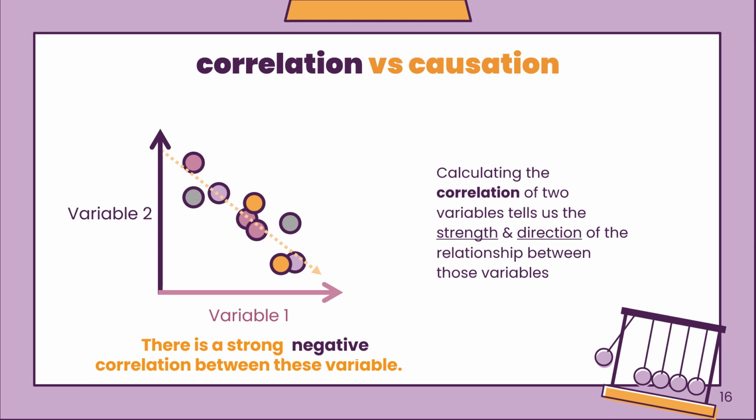There can also be a negative correlation between variables. So that means that as the value of one variable increases, the values of the other variable decrease, right? One goes up, the other goes down, the opposite way.